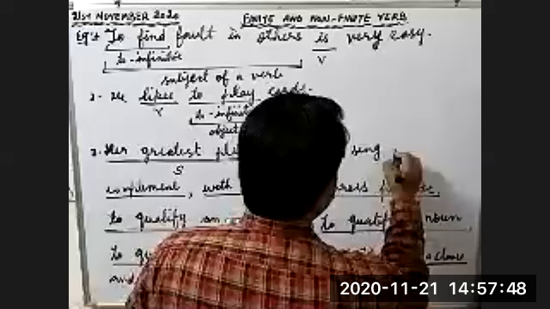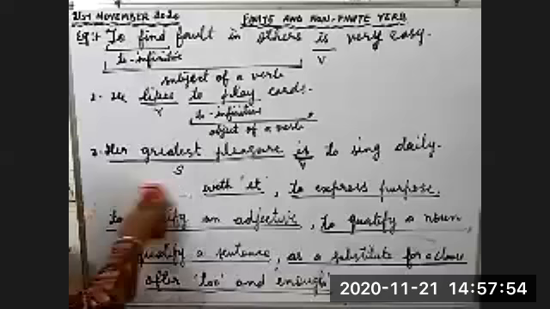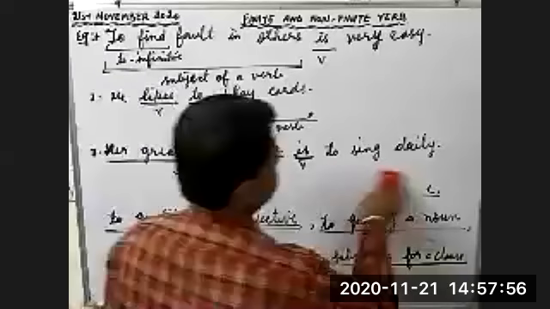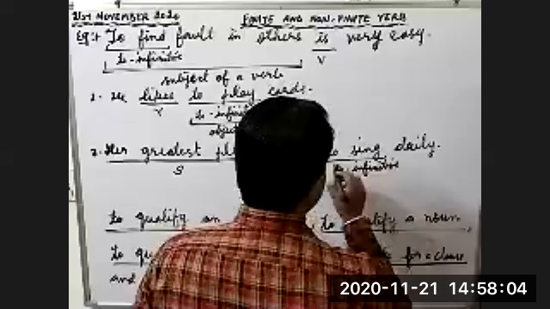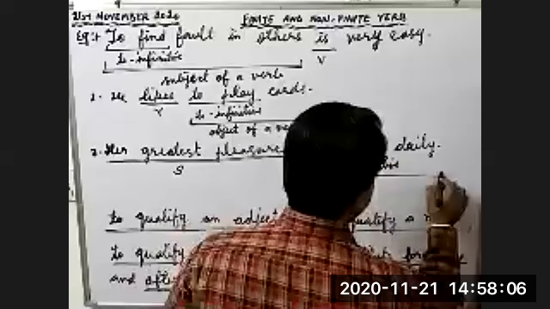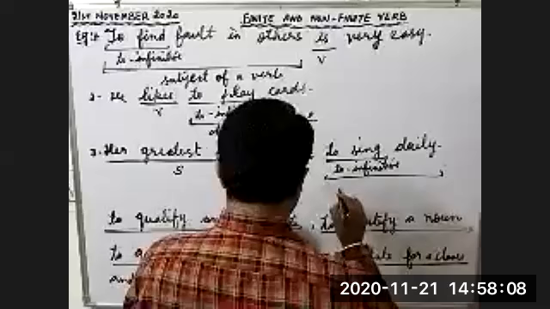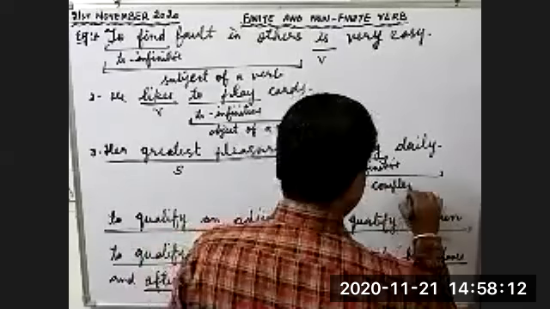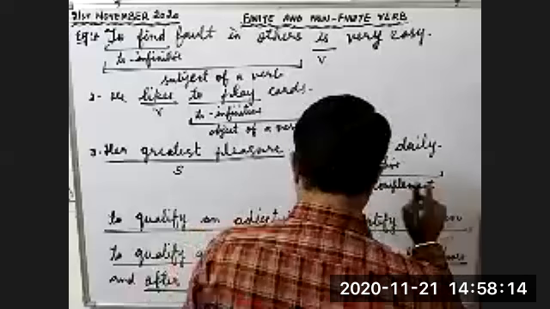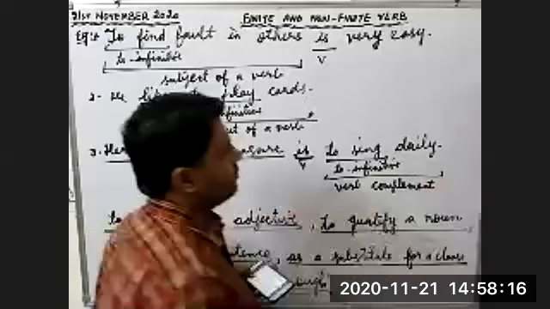Now, can you tell me what is happening here? What is to sing? To infinitive. Here it is not used as a subject or object. It is used as verb complement.